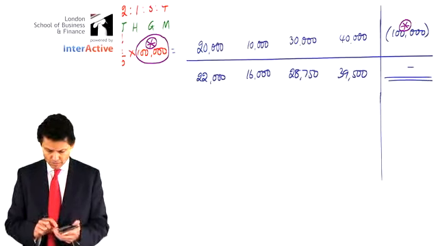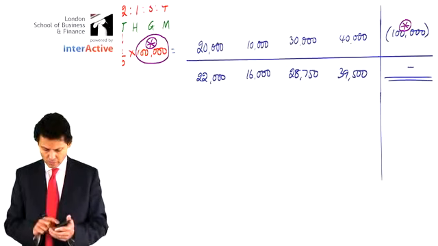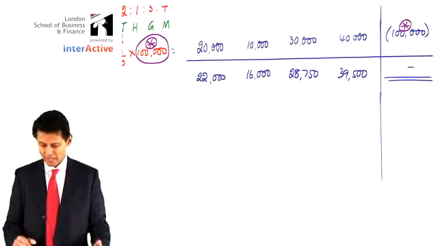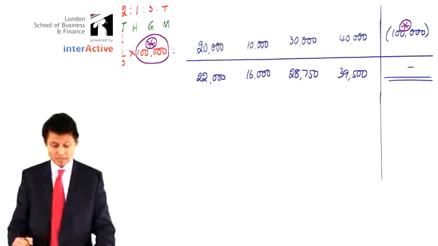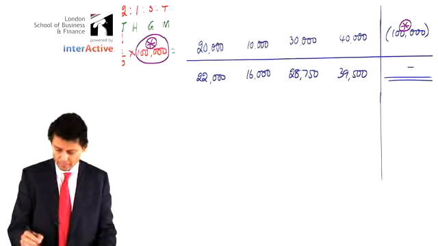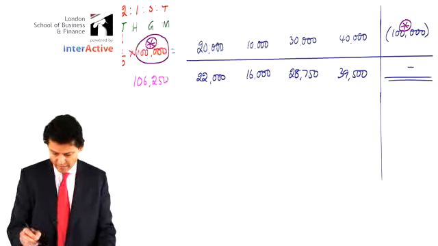The 22,000 plus 16,000 plus 28,750 plus 39,500, I'm hoping is the 106,250. So just as a quick point to check, this comes to 106,250.